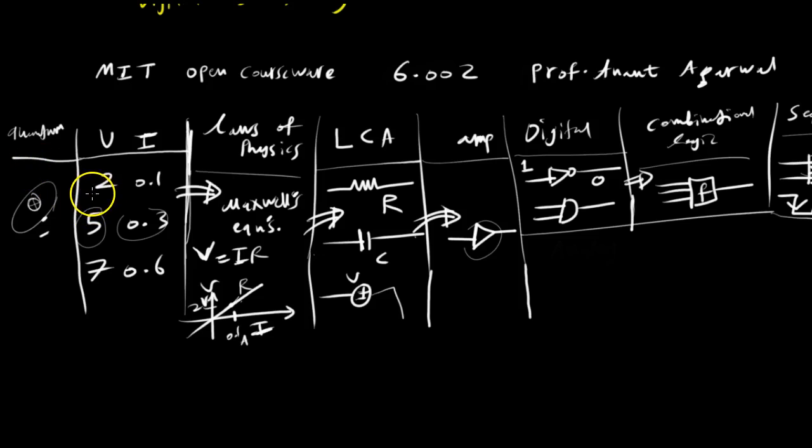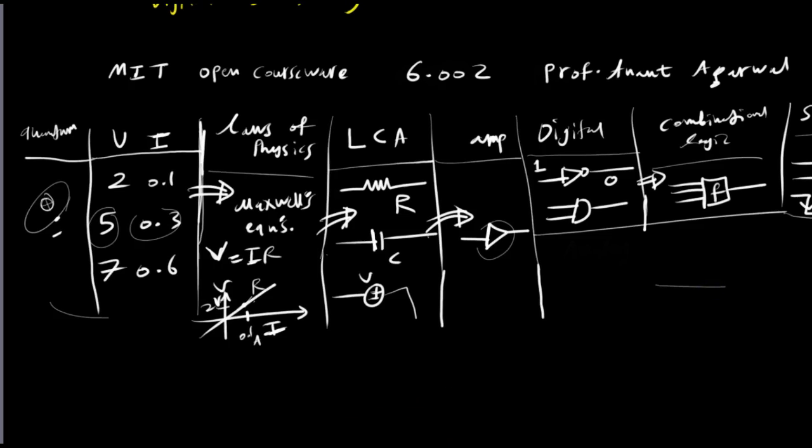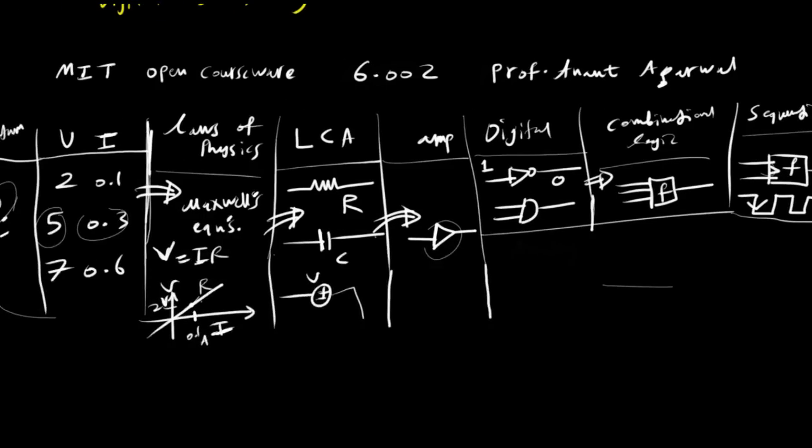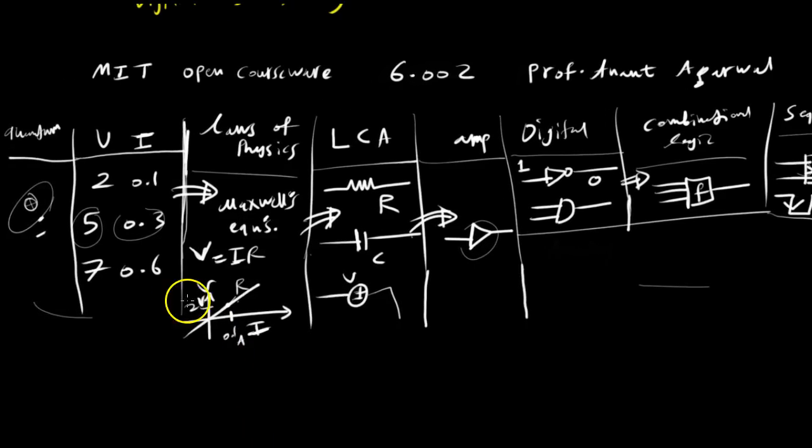Now, suppose we wanted to make modern day computers, and we did not produce layers of abstraction like we have here. What we would then have to do is jump from here all the way, if it was even possible, down to this point of operating systems. Meaning, basically, every calculation you wanted to do with a computer, you would have to know where these electrons are going and be able to do quantum mechanics and all kinds of crazy stuff just to do, for example, 2 plus 2.